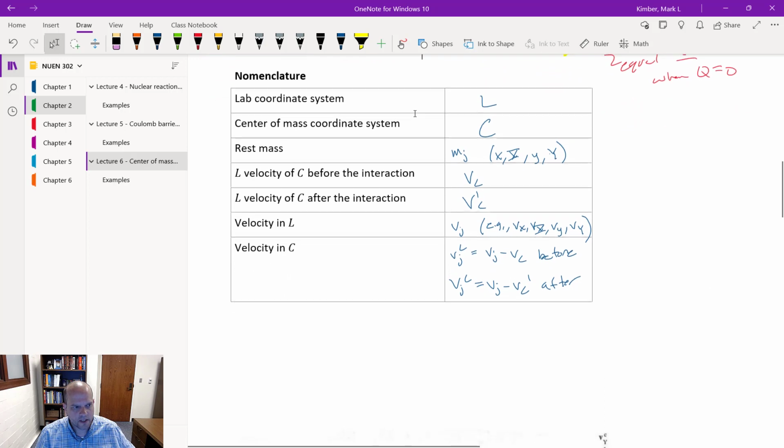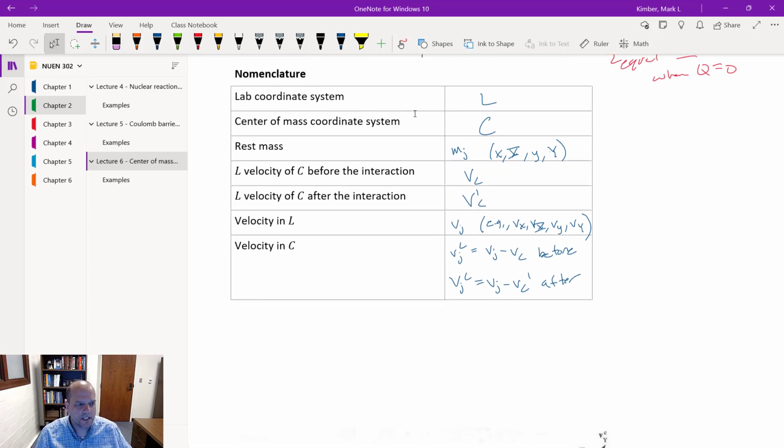By definition of these last two velocities, the velocities in C, I could write the following: Vxc has to be equal to 0. That's before the interaction. And my Vy in that new frame of reference also has to be equal to 0. And these expressions that you're looking at here are collinear. They're collinear before and after the reaction.